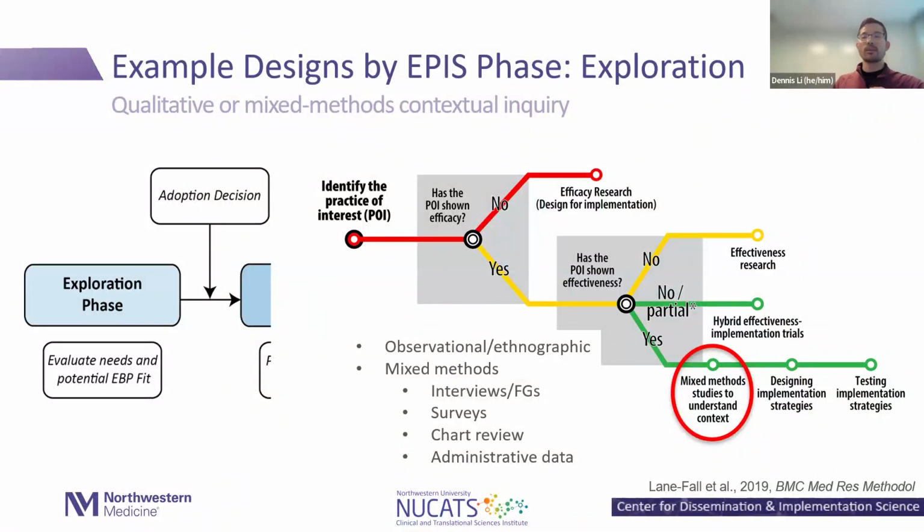You can do mixed methods work with interviews and focus groups, surveys with individuals. You can do chart reviews, you can do administrative data. These are all examples of data sources that you can use for this stage of exploration when you are at the beginning stages of implementing and trying to figure out what you need to study in this phase.